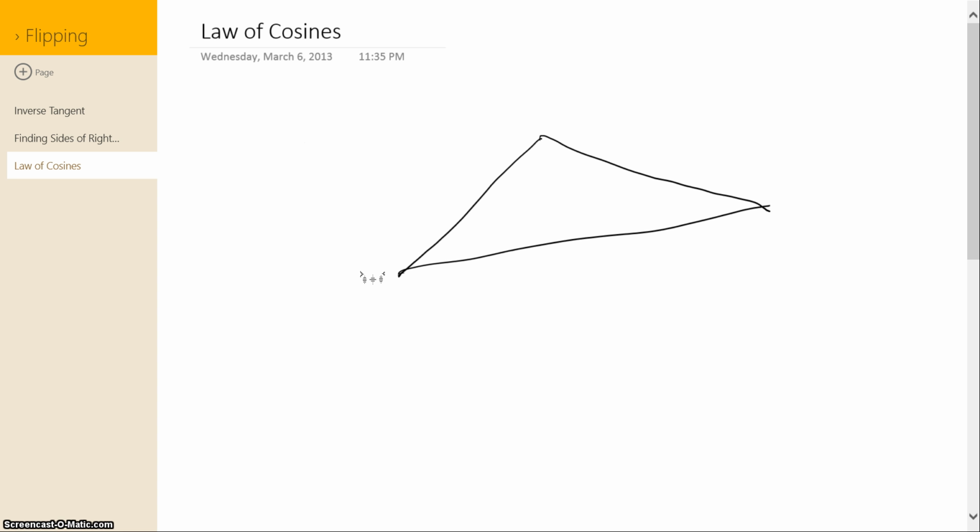So let's label these points A, B, and C, each vertex right there. And across from our capital letters, which stand for the vertices, let's make some lowercase letters. Okay, so we see how they correspond here.